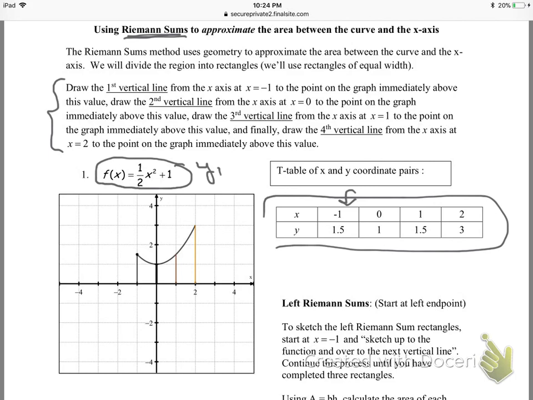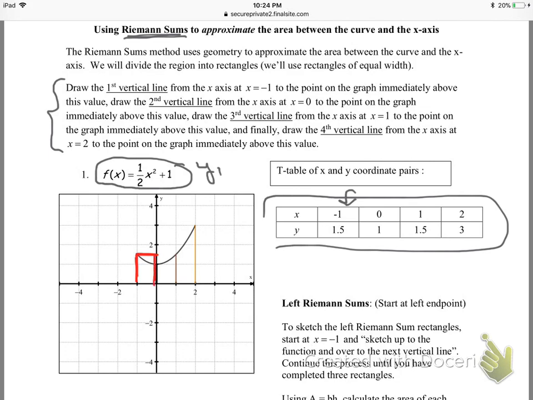Alright, let's start with our left Riemann sum. Left Riemann sum means I'm going to build a series of rectangles, and I will start at the left domain value. Starting at the left domain value, I'm going to change my color so you can see it a little bit better. I come up, I hit the curve, which is the function, I go to the next increment, and I come down.